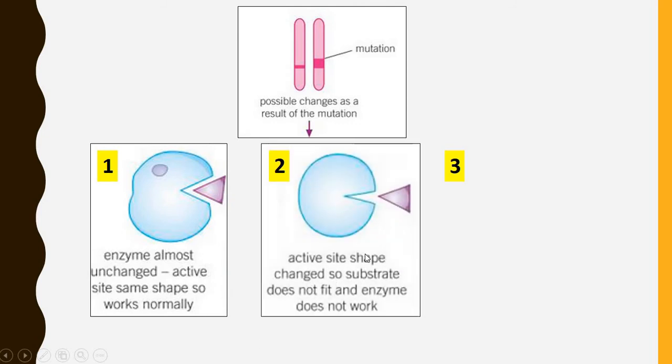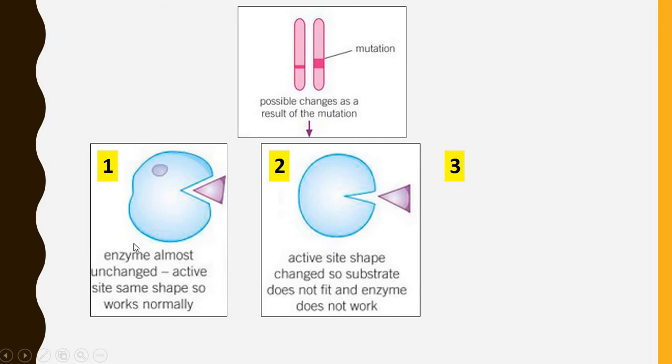mutation. The second possible outcome might be that the active site shape has changed so much that the substrate can no longer fit, and therefore the enzyme can no longer do its job. That could be a really profound problem if we no longer have this enzyme that does its job and could affect the biological reactions in the body.